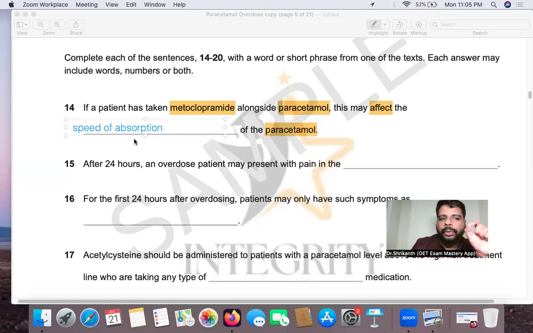If you have written "speed of absorption", you will get full marks, because you have proven that you have a good range of grammatical understanding. But if a student writes "increases", then that student will not get full marks. This is the difference. That much clarity and keen observation skill you need to have. So this is how you have to approach the reading part of the question paper.